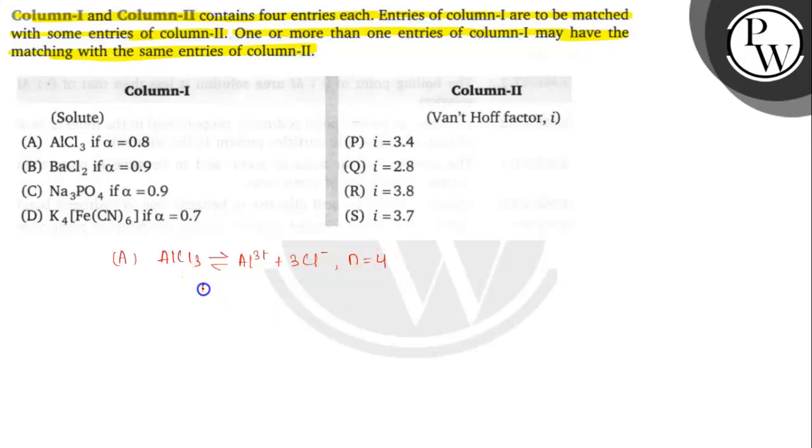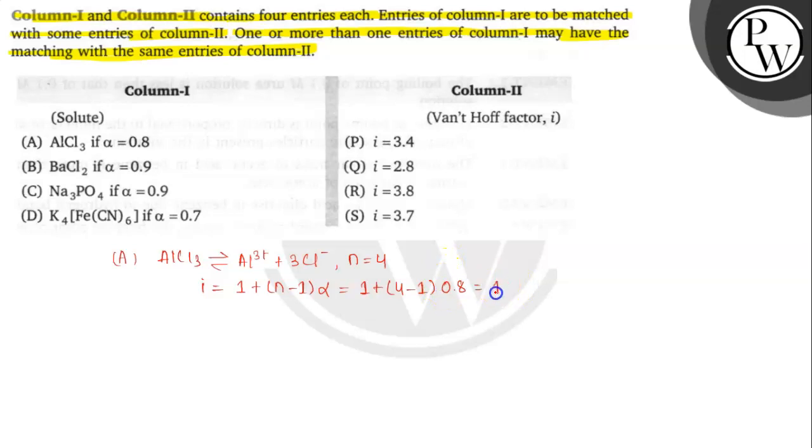So now we can put i equals to the formula of the Van't Hoff factor in case of dissociation, because here all dissociate to form their individual ions. So in case of dissociation the formula of i is 1 plus (N minus 1) into alpha. If we put the value of N, that is 4 minus 1, into alpha, for AlCl3 alpha value is 0.8.